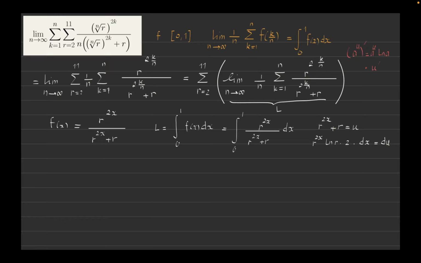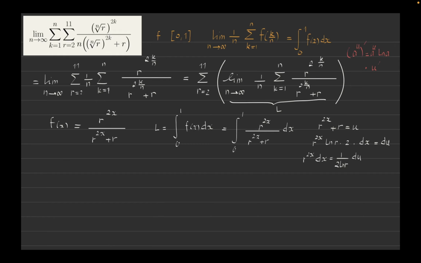Now look here, this expression is exactly this one multiplied by that one, so this means that r to the 2x dx is equal to 1 over 2 ln of r du.